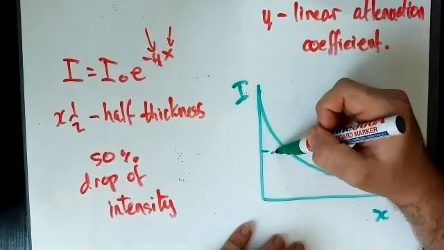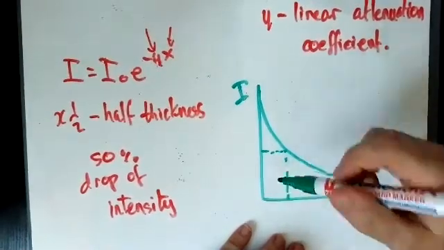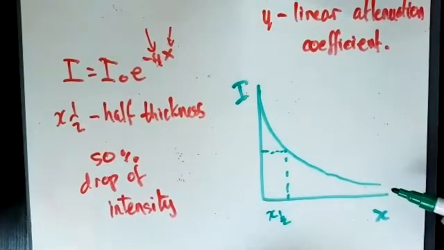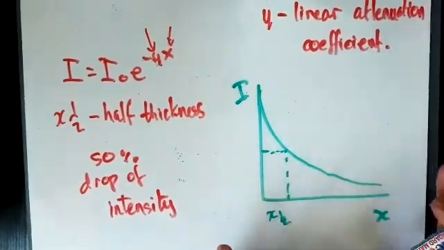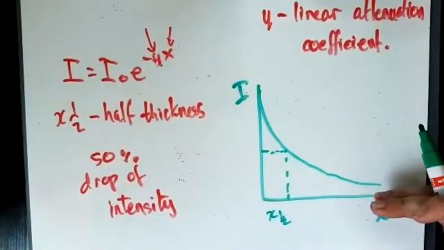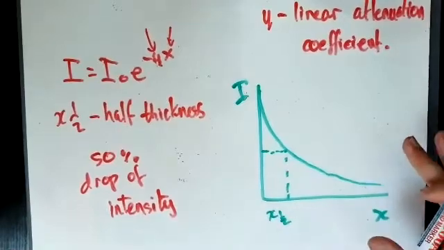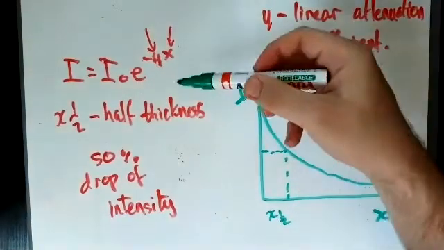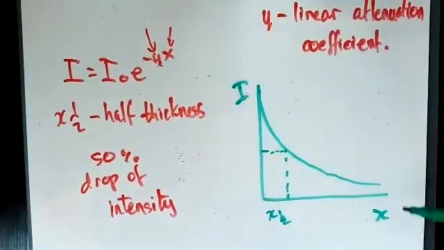So the thickness required to drop the intensity by half is the half thickness, which is where that comes from. You'll see that thought process very similar in radioactivity and nuclear decay as well. It is exactly the same physics concept, though not the same root of the physics here.